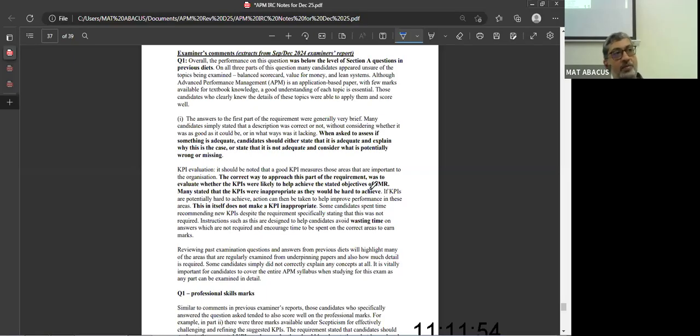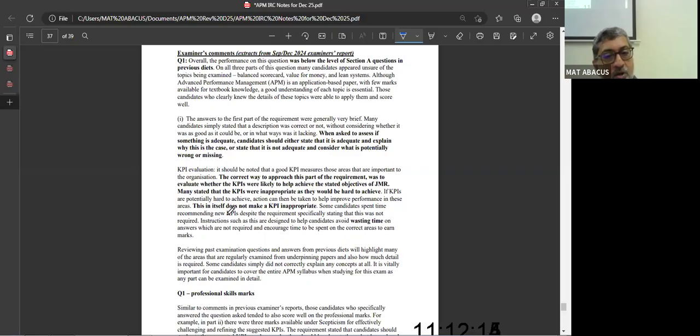It's completely different. So students, I don't know where they are going, but they are not really understanding what they are trying to achieve here. Hard to achieve doesn't make it inappropriate. This in itself does not make a KPI inappropriate.